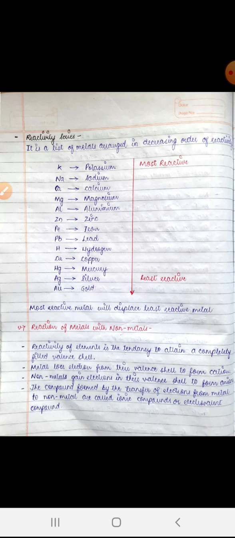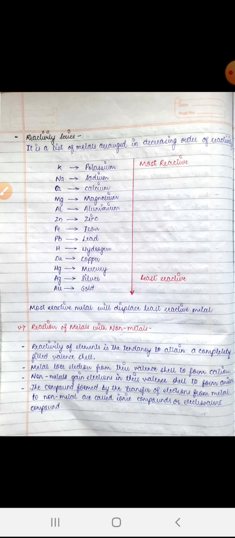Non-metals gain the electrons from the metals and gain a negative charge, and that's why they are known as anions. So metals will always form cations, while non-metals will form anions.